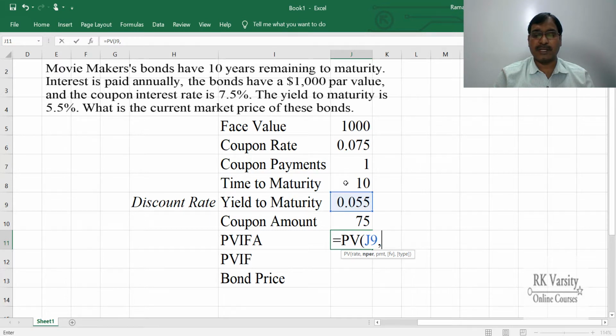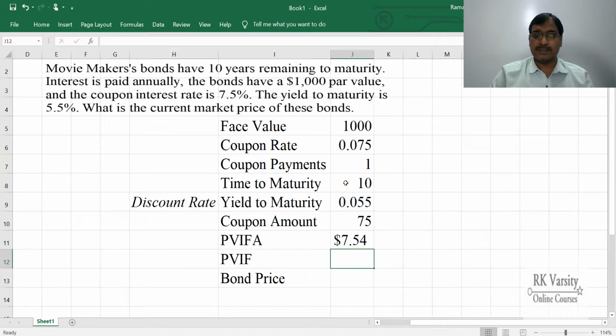So here you have time to maturity is 10 years. Select this one, place a comma. And here for payment enter -1, that is we are making a calculation for the present value of $1. So we are just taking an input of $1. Close the bracket, press enter key. So you have 7.54.